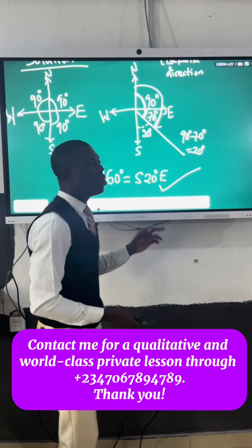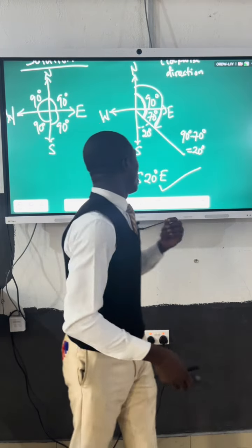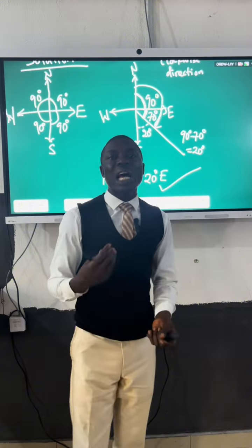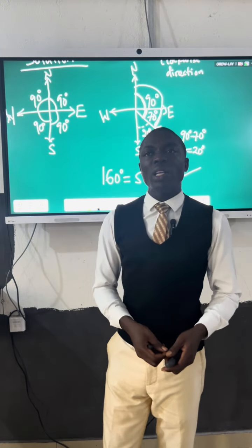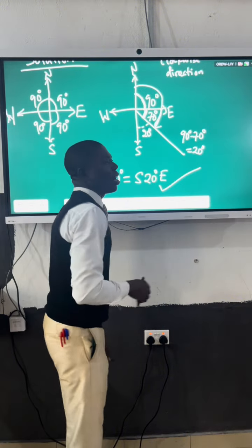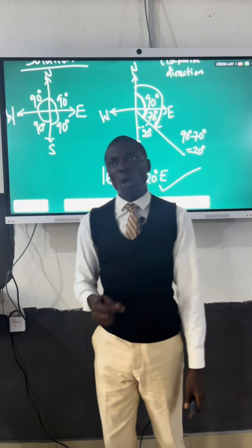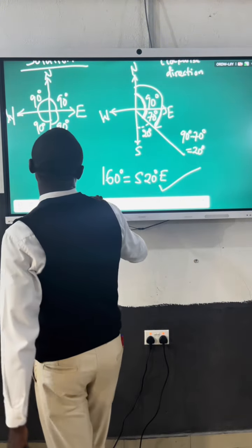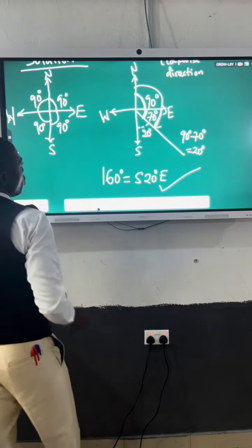The two of them are the same. 160 degrees is in three-figure bearing, while south 20 degrees east is in compass or acute angle bearing. So this is what we do. In acute angle bearing, we read angle with respect to either north or south.